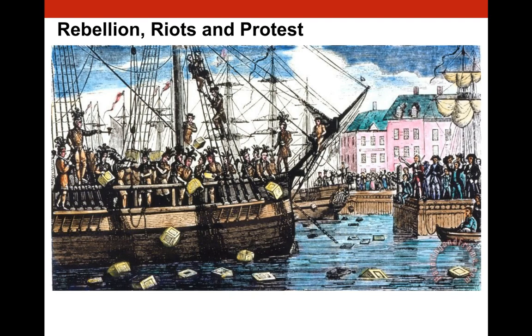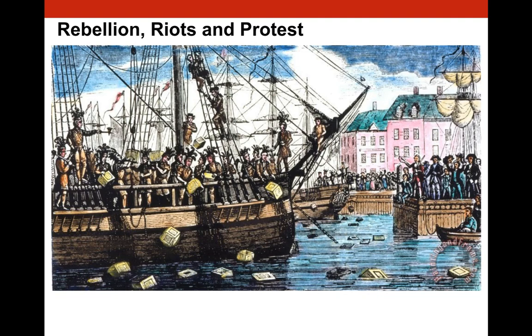Another way the American Revolution will be spread is through, of course, rebellion, riots, and protests. Little riots would happen in different colonies. Little protests would happen in colonies. People would boycott certain things. Like, if you remember, I told you that the Daughters of Liberty were doing something called homespun. They were making their own clothing because they wanted to boycott buying English clothing.